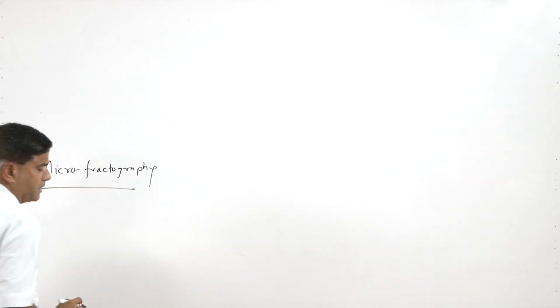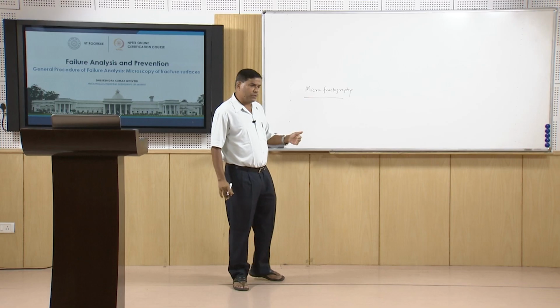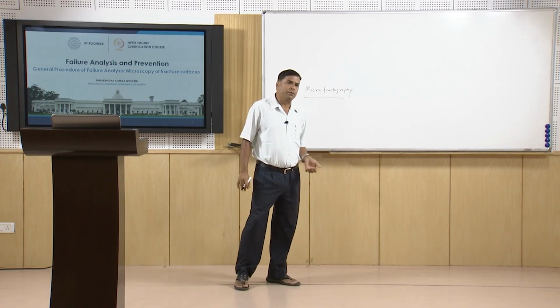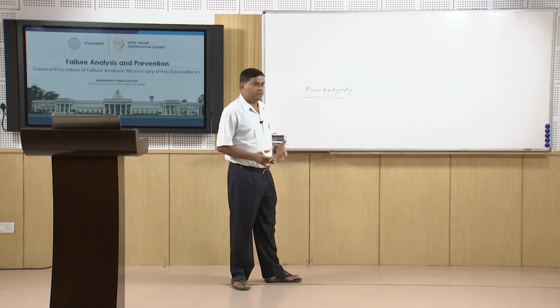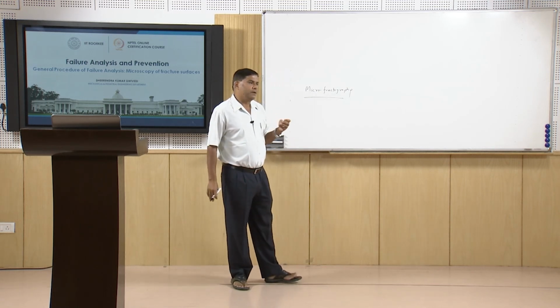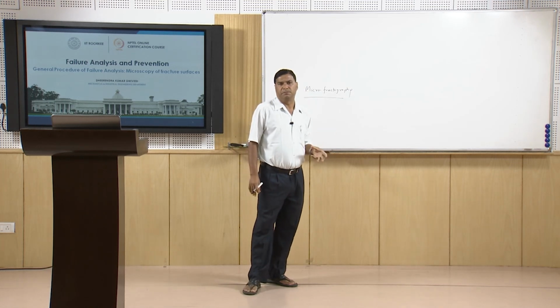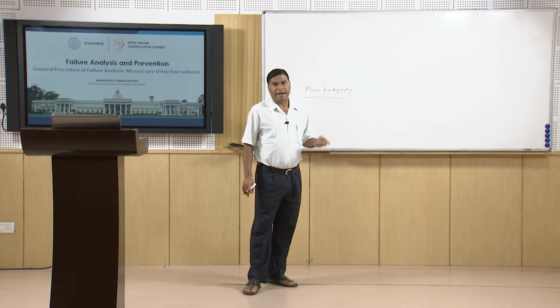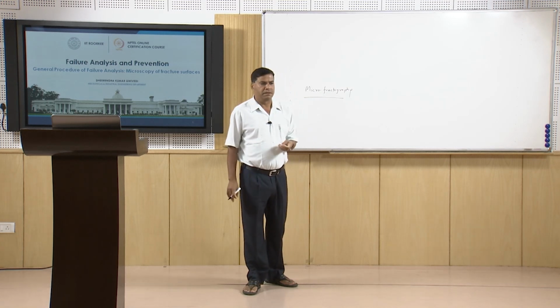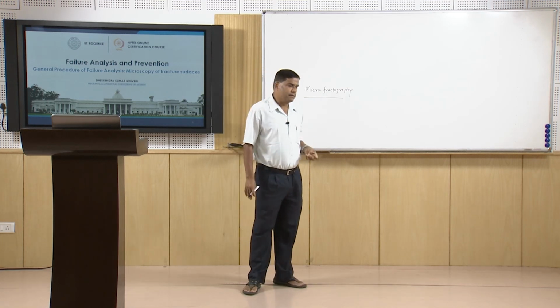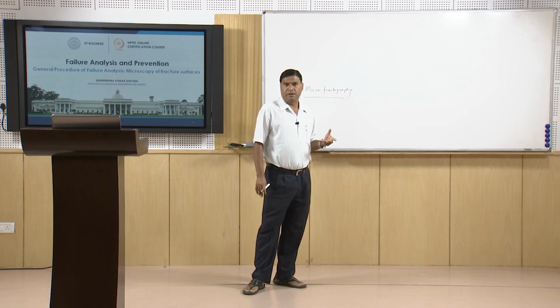In the previous presentation, we talked about the macroscopy of the fracture surfaces, in which just by observation of the failed component through the naked eye or low magnification lenses, stereo microscope and stereoscopic microscope and the scanning electron microscope.